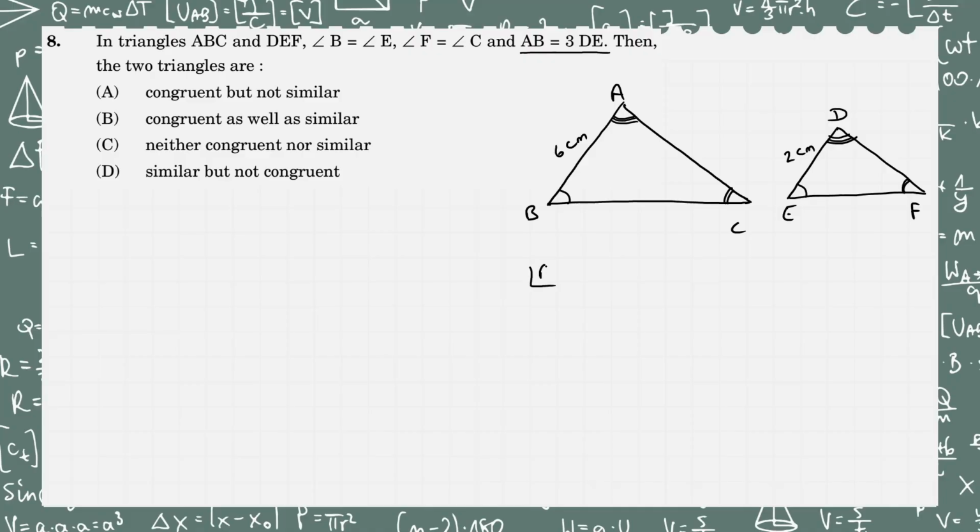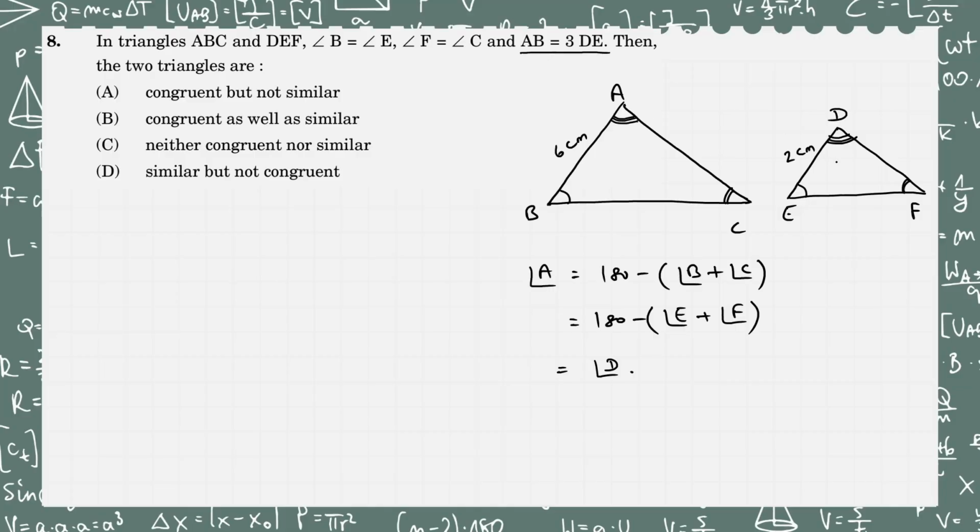Because angle A equal to 180 minus of angle B plus angle C, right? So, here since angle B is equal to E, we can replace that with angle E, and angle C and F are equal, so we can replace angle C with angle F. So, this will be giving you 180 minus E plus F will be giving you angle D. So, angle A and angle D will eventually become equal to each other.